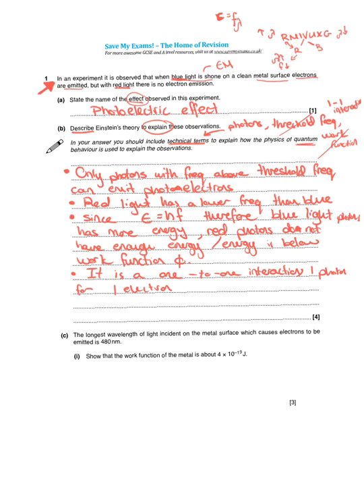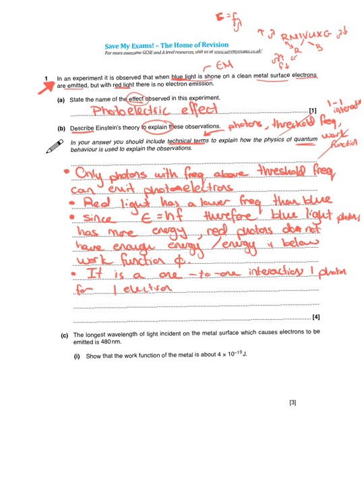I'm going to briefly talk through the mark scheme of this as well. It gives two extra points, but you can only get a maximum of 4 marks. It mentions Einstein's photoelectric effect equation, and it says that simply by stating the equation and what each symbol means, you get the mark.